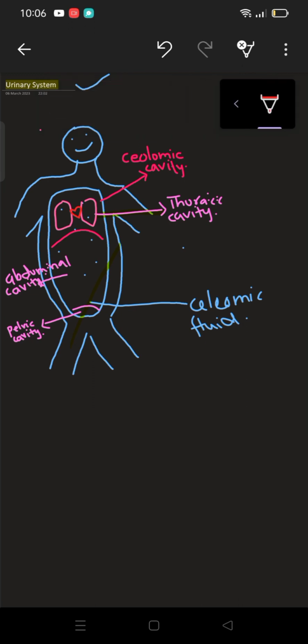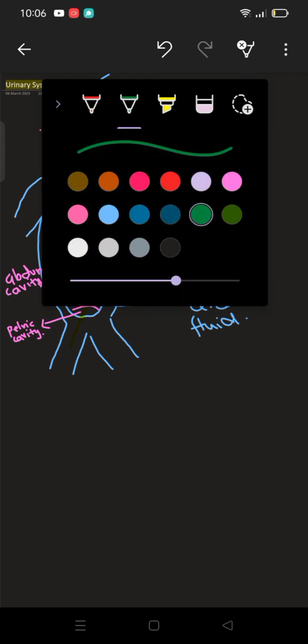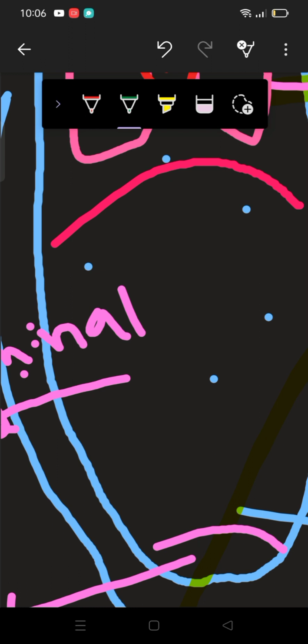So talking about the abdominal cavity, what structures are present in the abdominal cavity? Let me change the color. In our abdominal cavity the digestive system is present. Like this is the esophagus, which is coming from the pharynx, from the mouth, which is the food pipe.